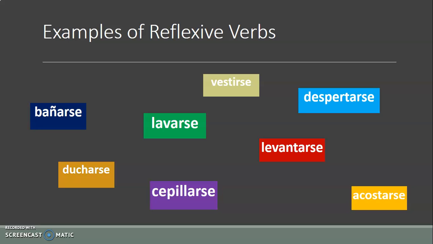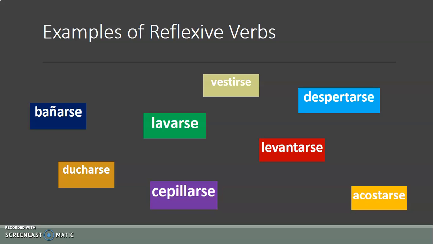So what do we usually brush on our bodies? You said it. You can brush your hair as well as you can brush your teeth. And usually we use cepillarse to refer to brushing teeth. We'll see exactly how to say that right after we look at the rest of these verbs. Then there's despertarse.